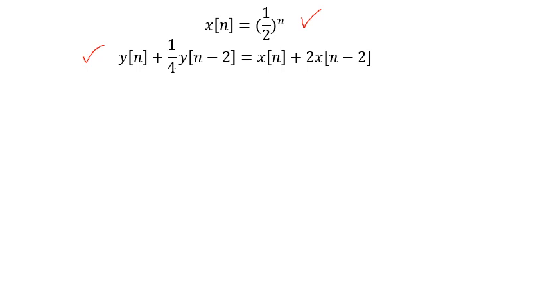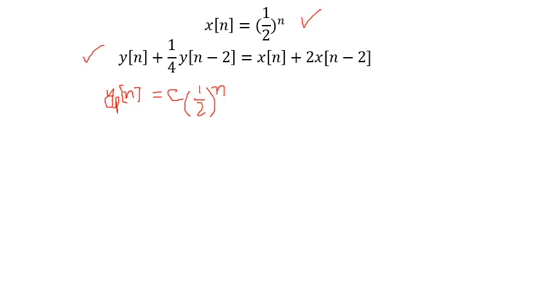So again, the first step is the assumption about the output. We just assume that y of n is equal to c into 1 by 2 power n. So this is our particular solution.